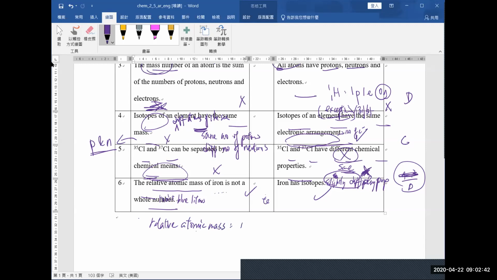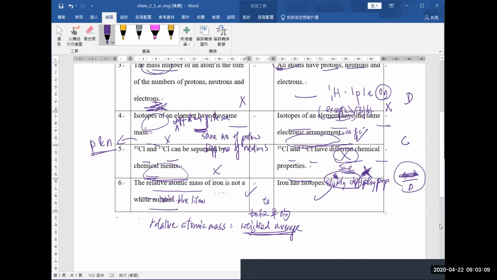It is the weighted average, not average rated number, right? The technical term is weighted average. Weighted average means 加權平均. So what does 加權 mean? It is something like 按平均, right? So according to the proportion. So the proportion is the relative abundance.